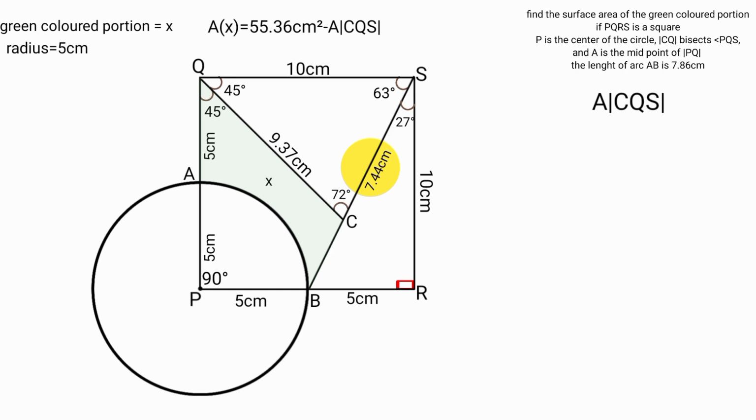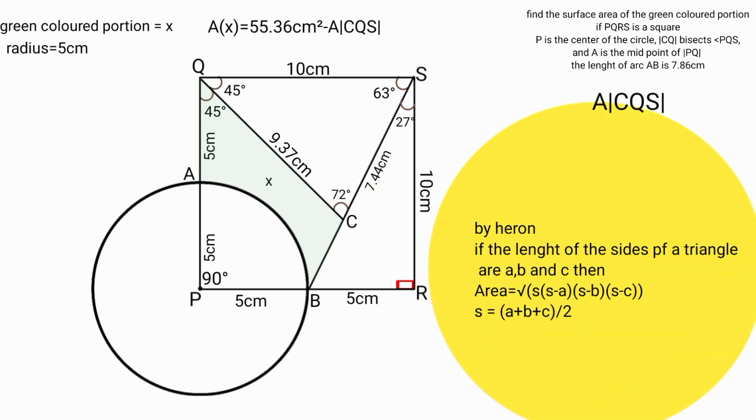Now to find the surface area, since we have the length of all the sides, we can apply Heron's formula. By Heron, if the lengths of the sides of a triangle are A, B, and C, the area of the triangle is the square root of S times S minus A times S minus B times S minus C, where S equals A plus B plus C all over 2.